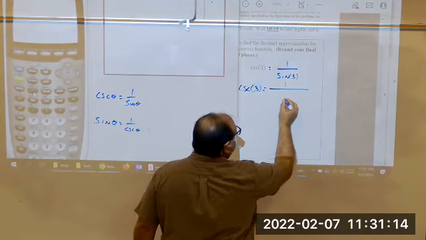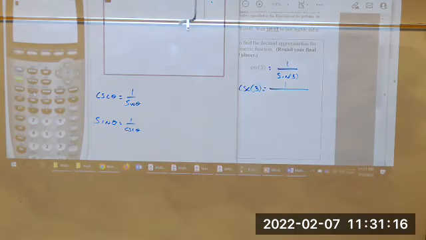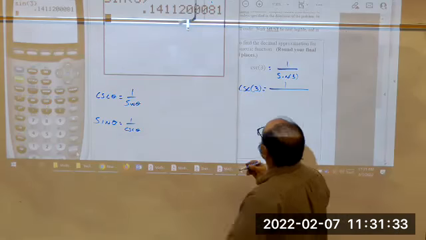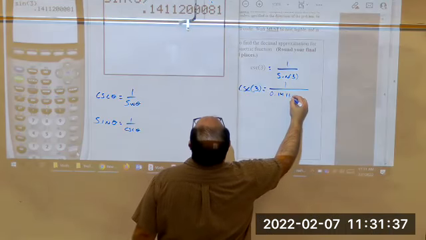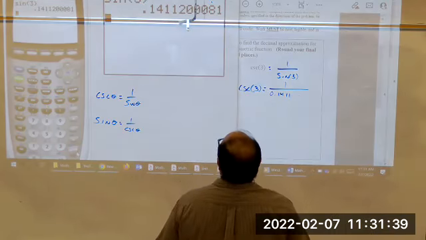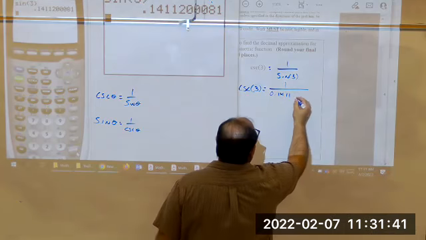So 1 over, and I hit sine, and then 3. And the sine of 3 is 0.141120081.